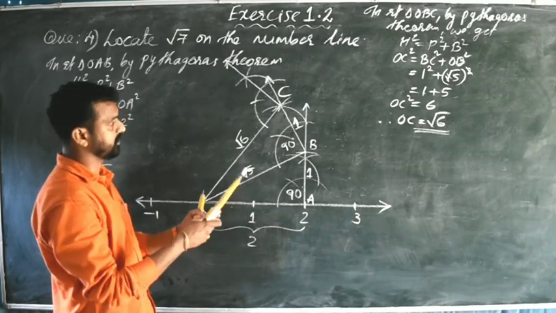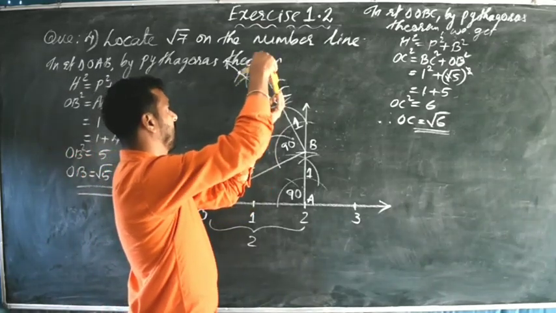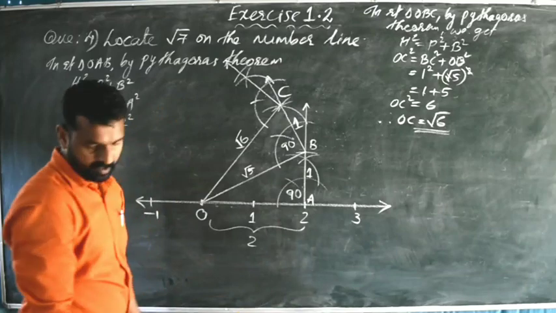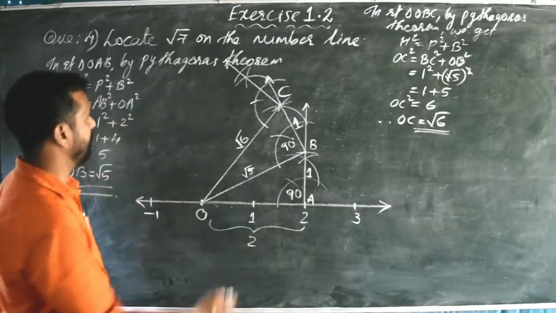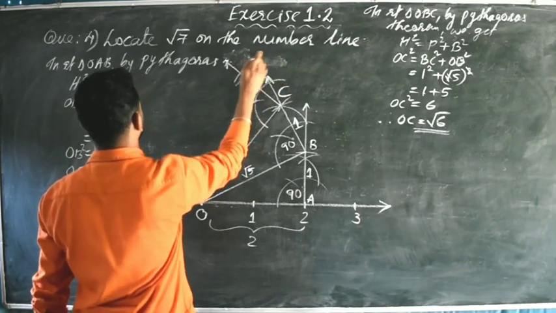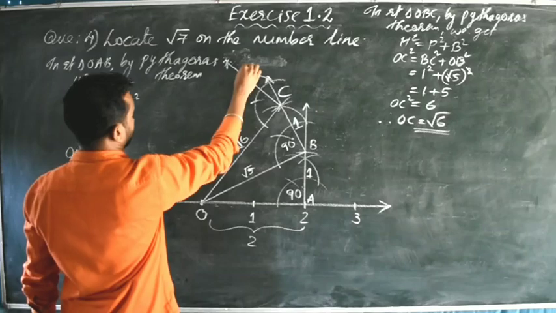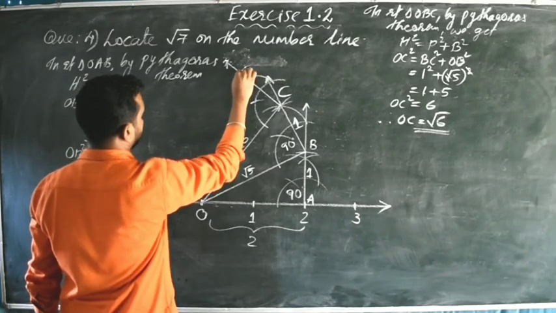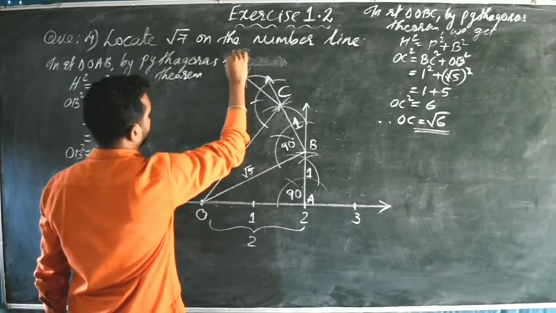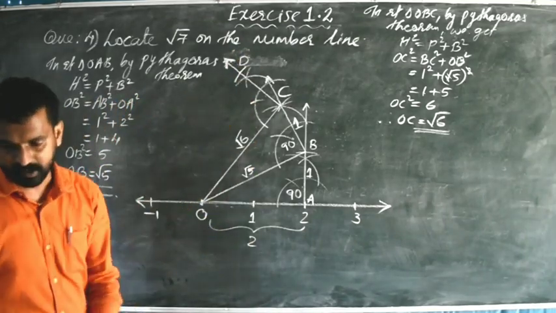So this measurement you take and mark it on this perpendicular. And that point you have to mark it as D. This point here, this point we will mark D. Now we have to join OD.